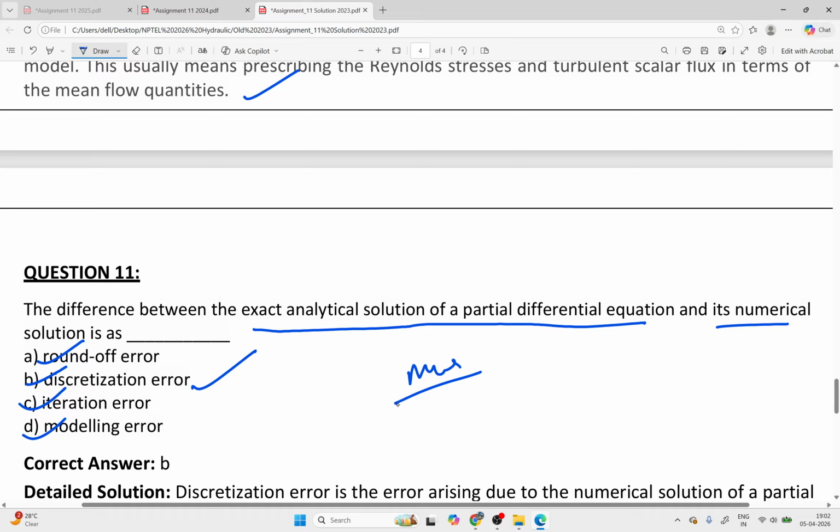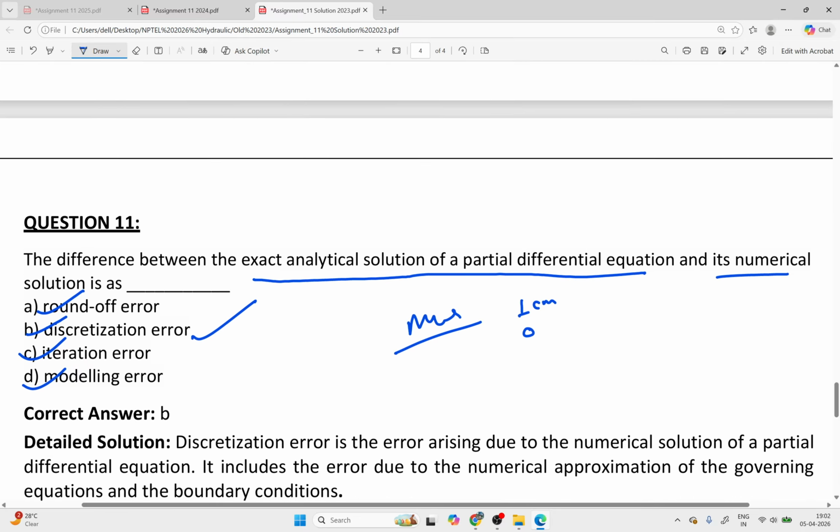In mesh sensitivity analysis, you take first a 1 centimeter cell size, then reduce to 9 mm, then 8 mm, like that, until you find the mesh size at which you get the correct result, meaning the behavior you are expecting.